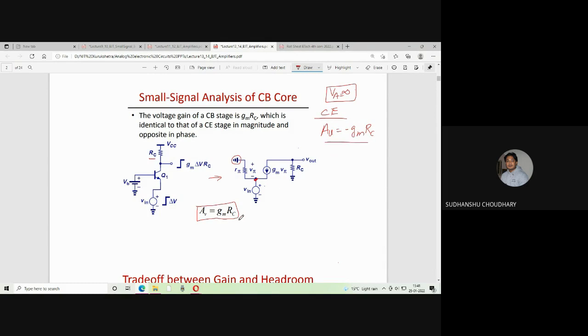Here the gain is the same, the magnitude is the same, but the phase is just opposite. So in a common base amplifier configuration, the gain is GMRC instead of minus GMRC. And the drop across this R pi, you can note, is plus minus V pi, and V in is plus minus V in from here.